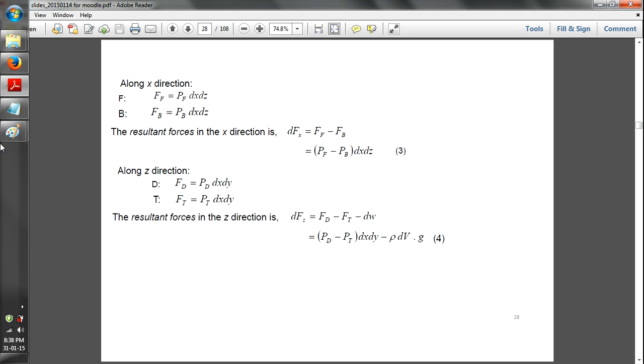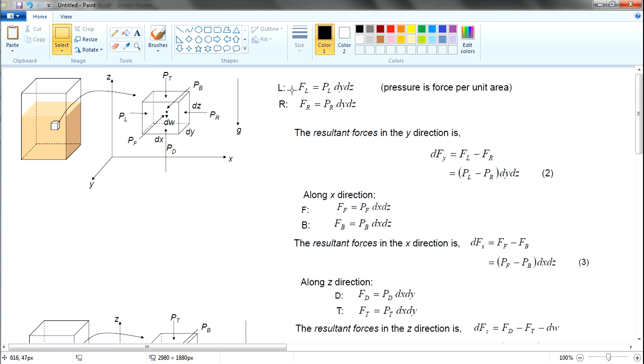If you take into account the force at the L side, imagine this is the force in this direction, and there will be a force R also.